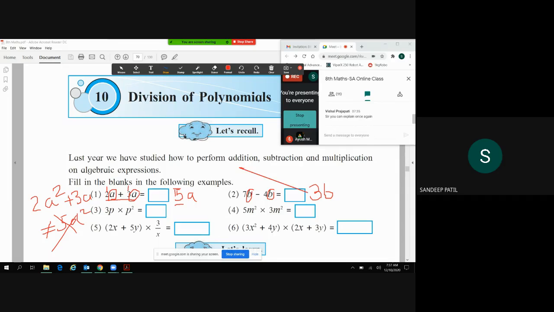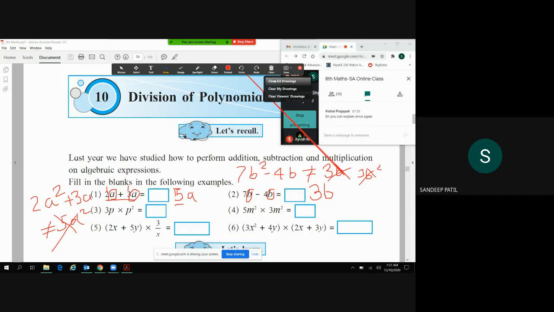यहाँ भी अगर मैं 7b square minus 4b करता हूँ, so it doesn't mean that it is 3b or 3b square, right? This is wrong. So what we have to do, we have to see that while addition or subtraction the variables are the same.